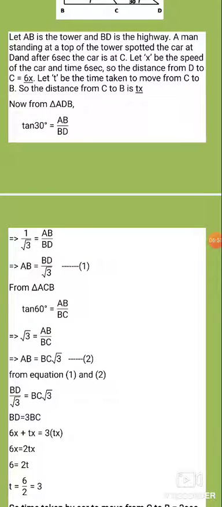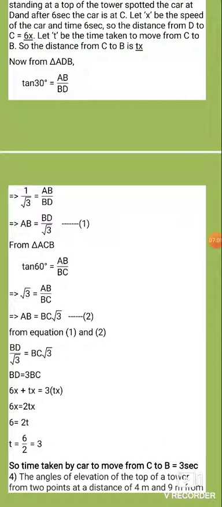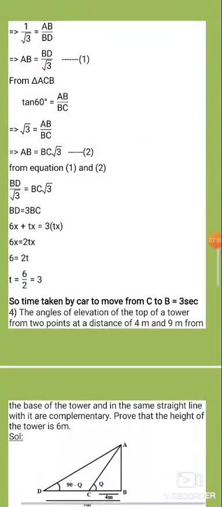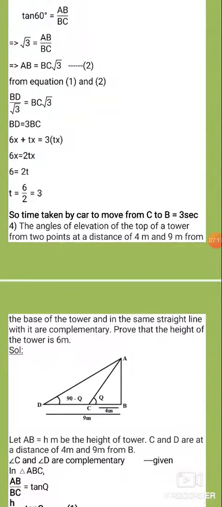So x and x are there on both sides, we can cancel. So 6 is equal to 2t. Now the time t is equal to 6 by 2, which is 3. Thus, the time taken by the car to move from C to B is 3 seconds.